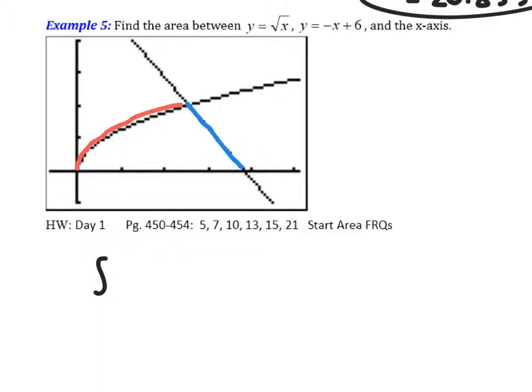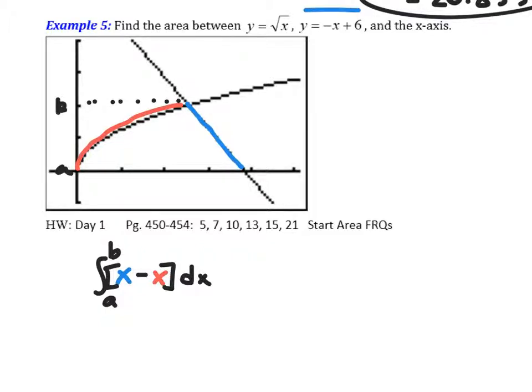I'm going to go from A to B. I'm going to call A 0 and B whatever this y value is. So I'm going to go from A to B of this x minus this x, and all of that with respect to y.